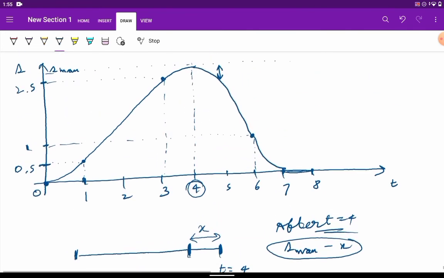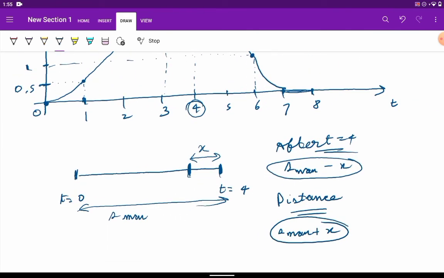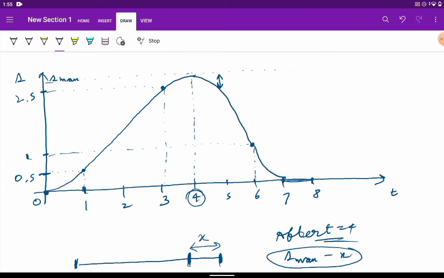So with respect to S max, instead of minus x, whatever decrement there is, we have to increment that much. So it will be a reflection, you can mirror the curve after t equal to 4 with respect to this horizontal line.